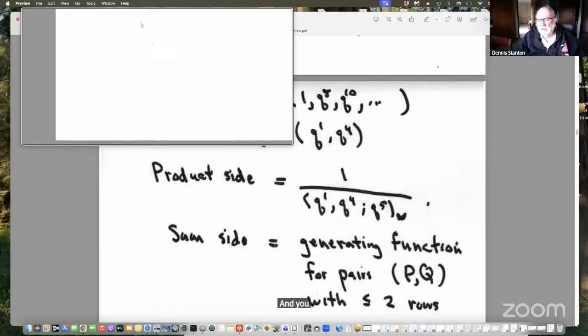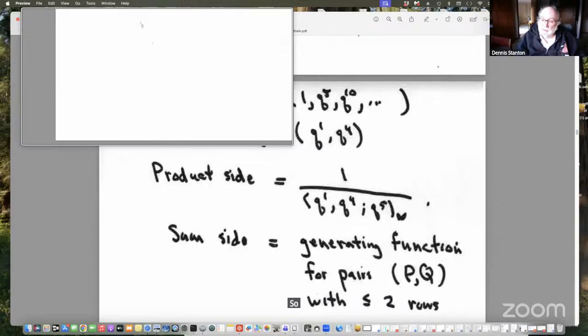And you've got to be column strict. You can't have 3 rows and have 3 distinct numbers there because you only got 2 numbers, a 1 and a 4. So that's a pretty good thing. These column strict tableaux have 2 rows or only 1 row.